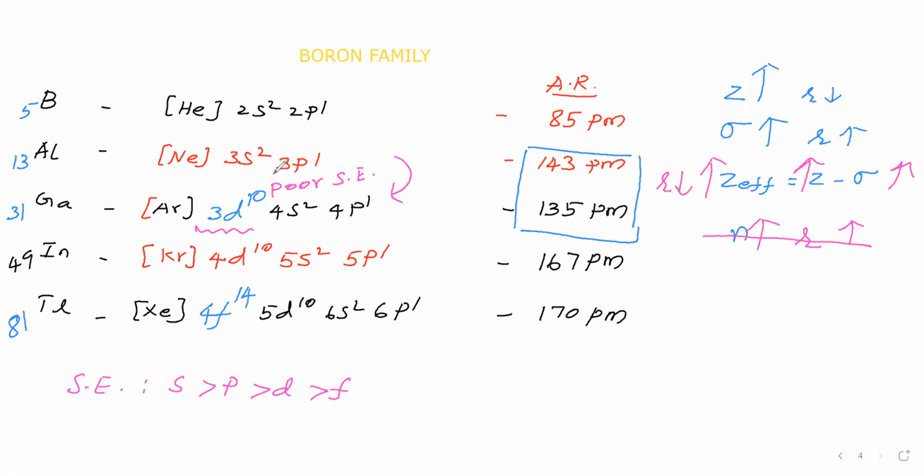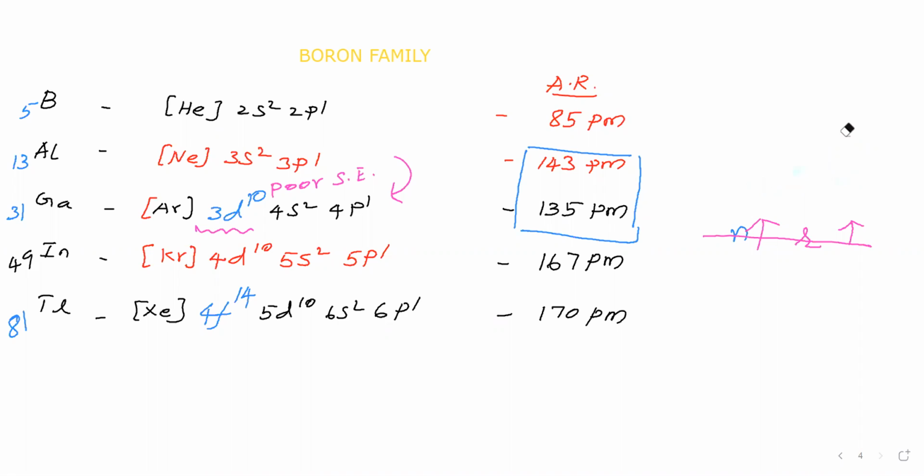Okay, next. Is there any other exceptional case in this family? That we will see. Now, we will see from indium to thallium. What happens to the atomic radius? Indium to thallium increases, how much?